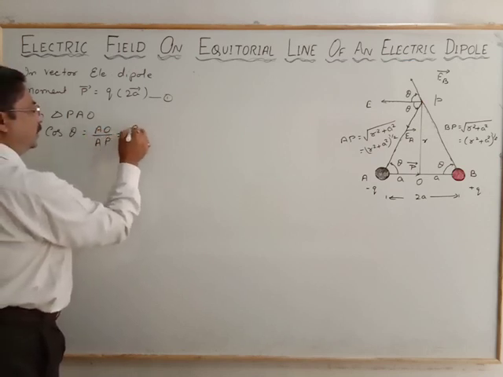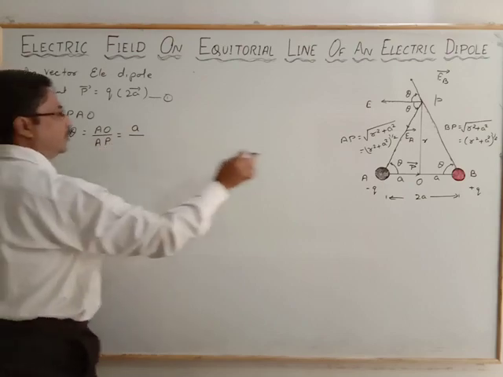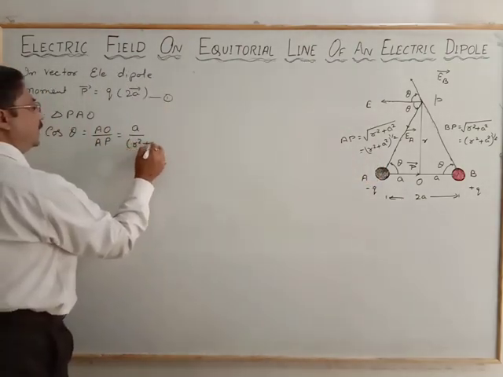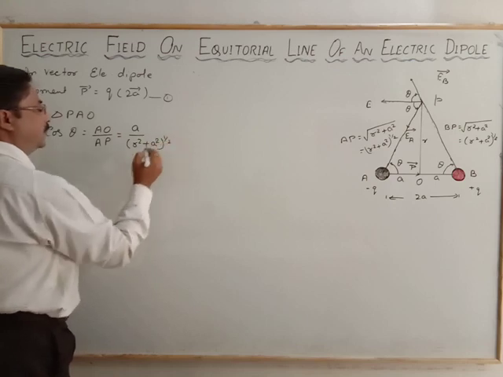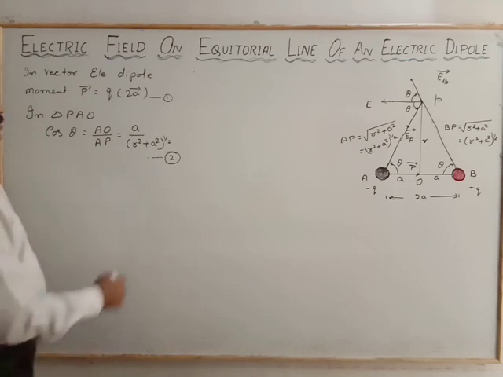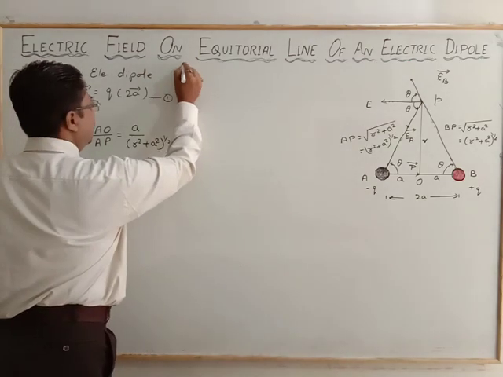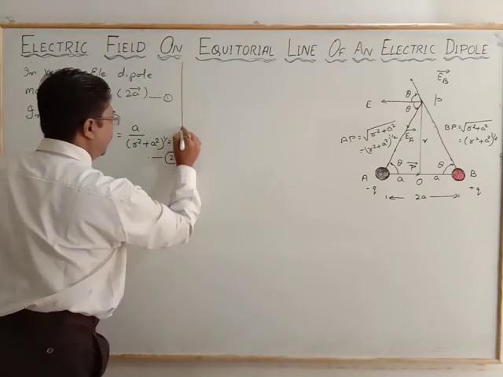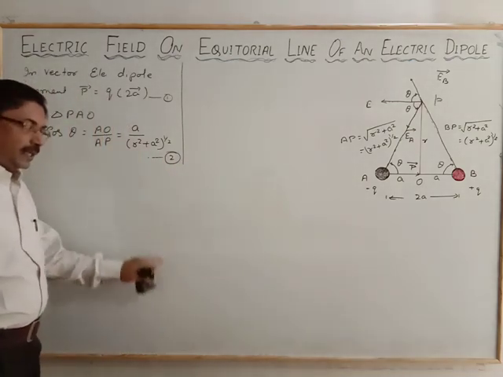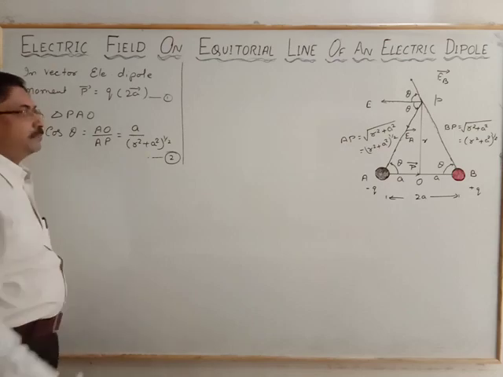In place of AO we write a, and in place of AP we write the distance (r square plus a square) whole to the power half. And this is equation or relation number 2. Now two important relations we have set that we will use in our further expressions.